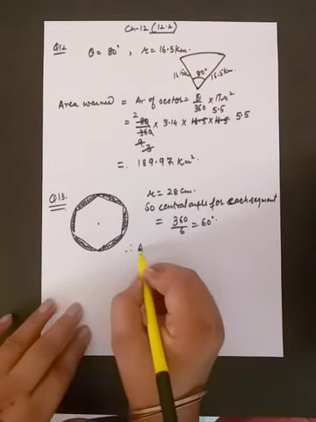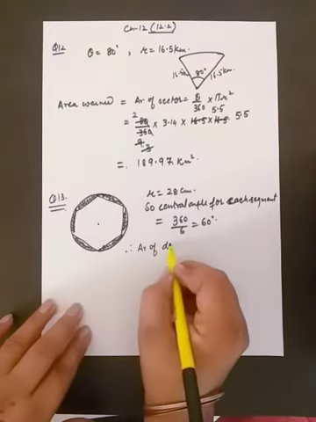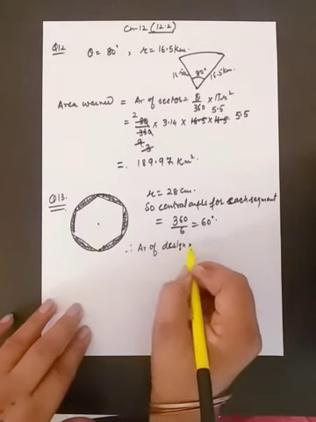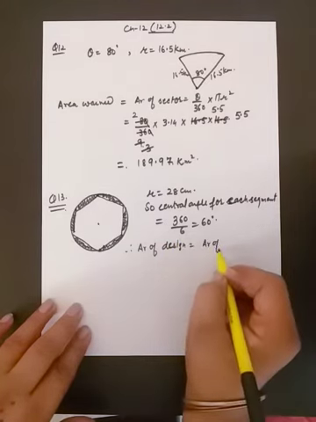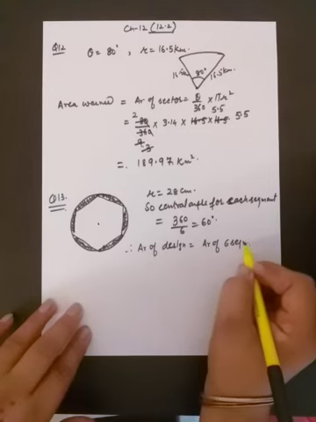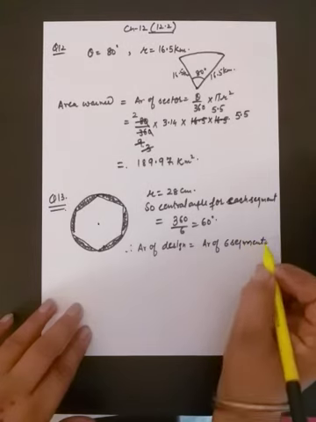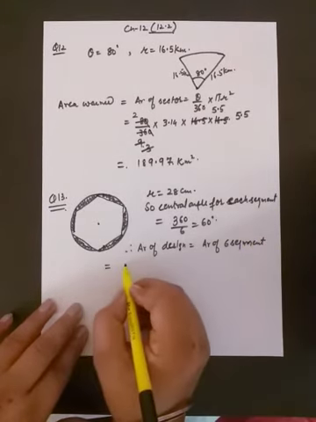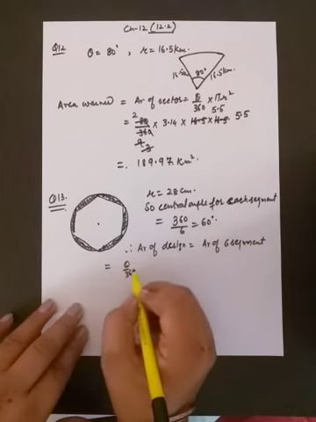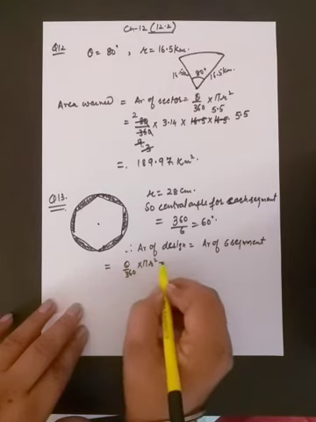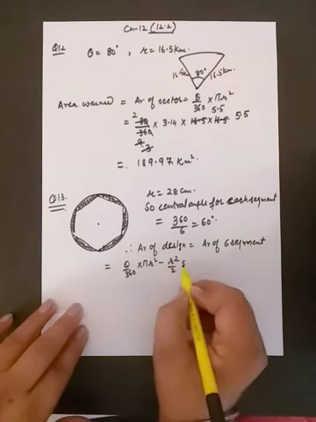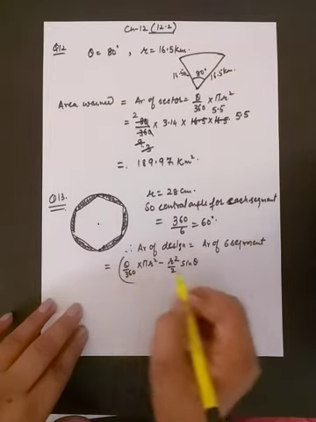So therefore area of design is equal to area of 6 segments. Now it will be theta upon 360 into pi r square minus r square by 2 sin theta.